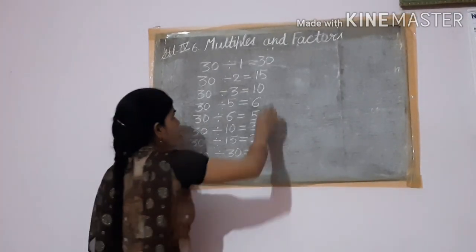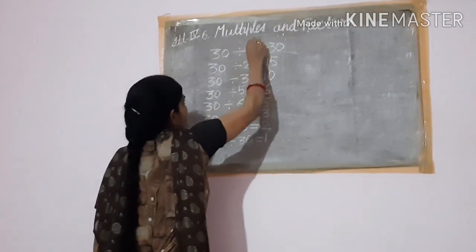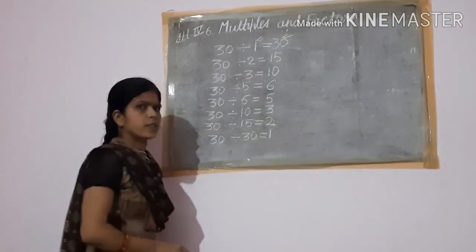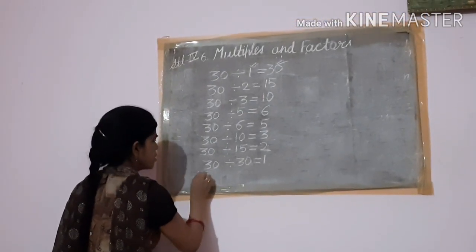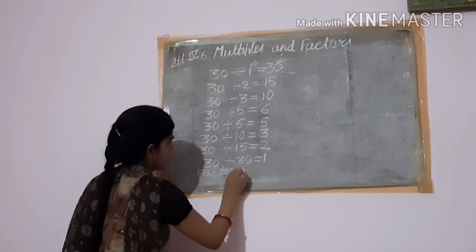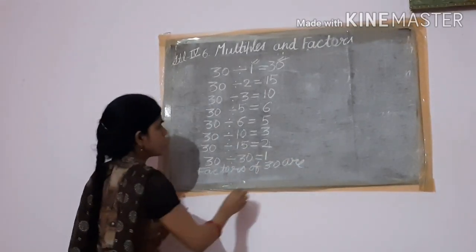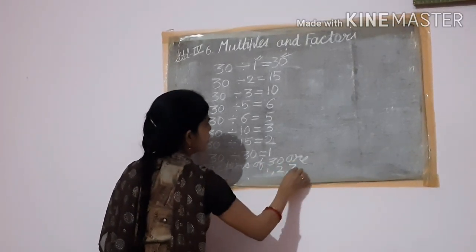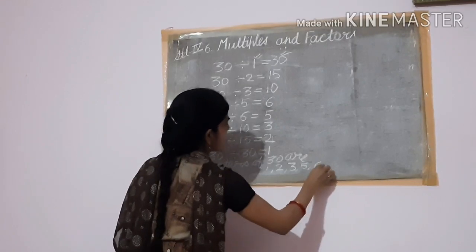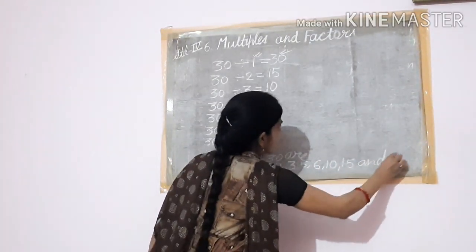So here all the quotients and the divisors are the factors of the number 30. So here the factors of 30 are, what are the factors? 1, 2, 3, 5, 6, 10, 15 and 30.